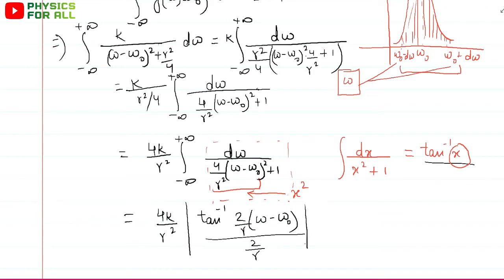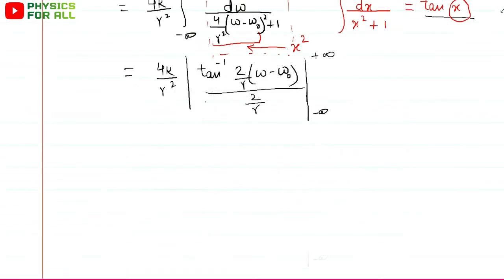And then we are going to put the limits as such, because we have not put the limits. Now is the time to put the limit. Or before putting limits, let's take this 2 by gamma outside. That would be better. So 4k by gamma square, and this is in the denominator. So when it comes out, it will become gamma by 2.